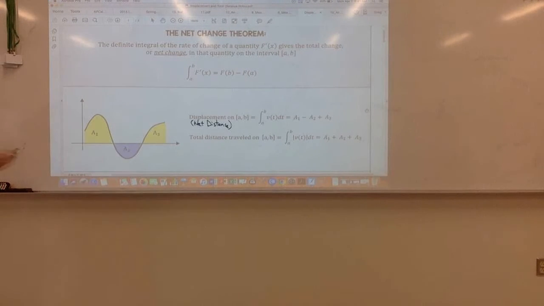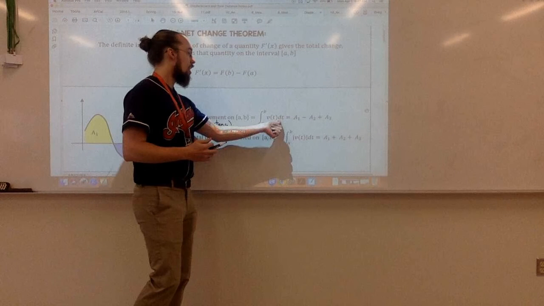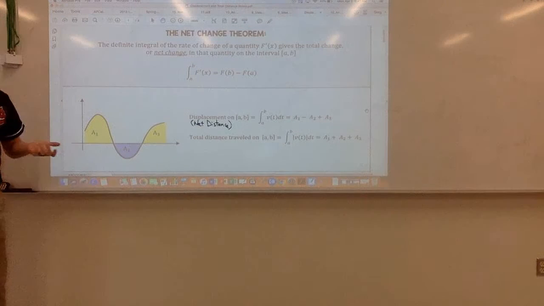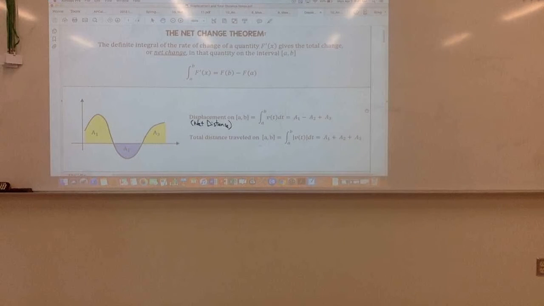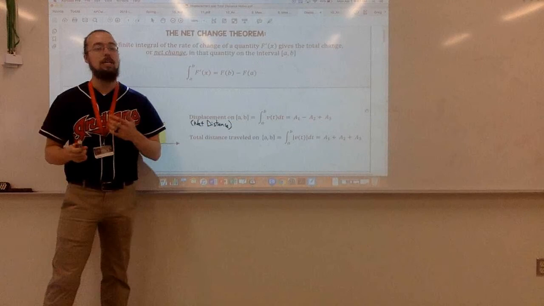To actually calculate that, if we're given a velocity function, to get displacement, all I'm doing is taking the integral of that velocity function, just like we had been doing with any random rate function. Integrating a rate gets us an amount. Same thing here. Integrating a velocity function gets us a distance, a position.